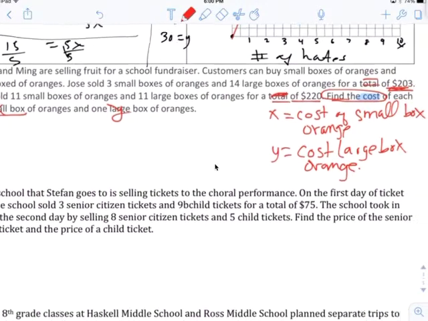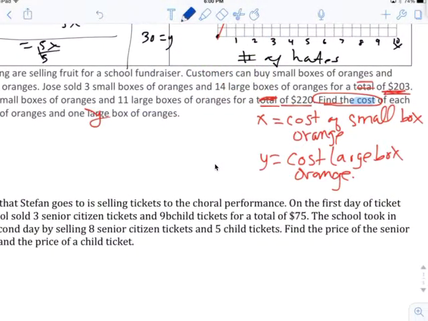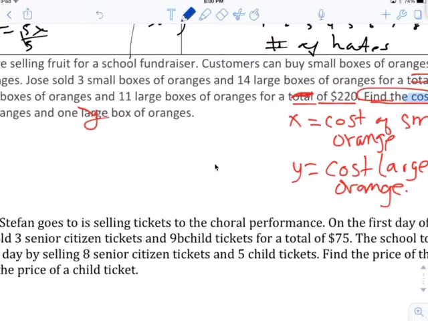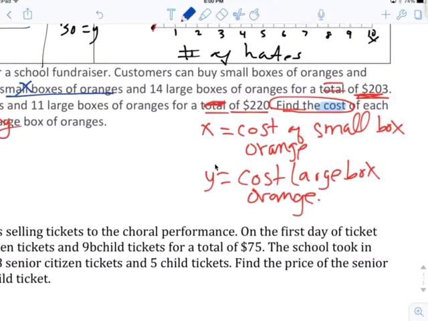Okay, and then we know that small box of oranges. So Jose sold 3 small boxes of oranges. Small box of oranges is x. 14 large boxes of oranges, y. And "and" means plus.